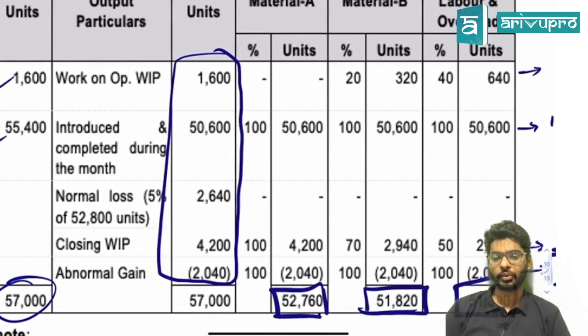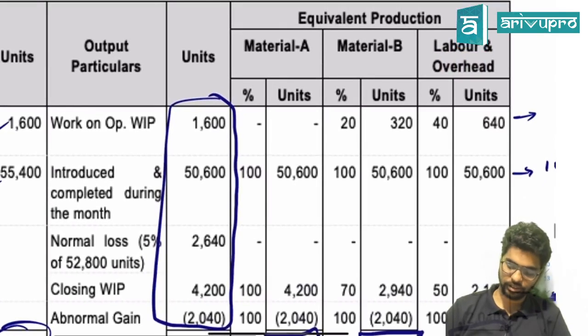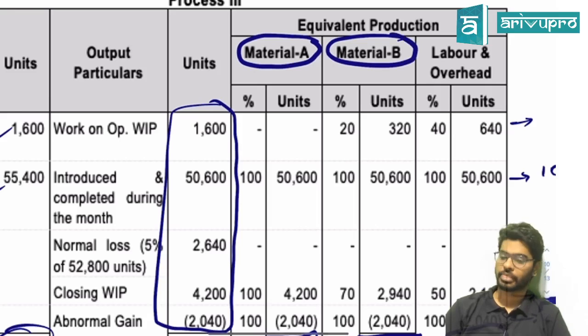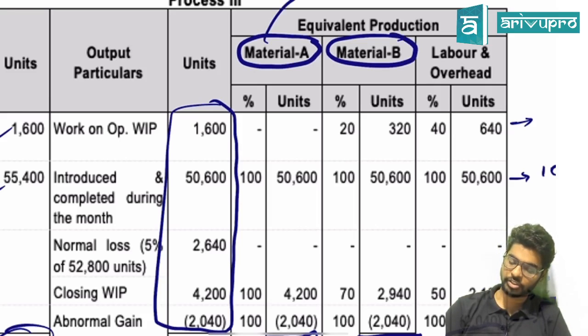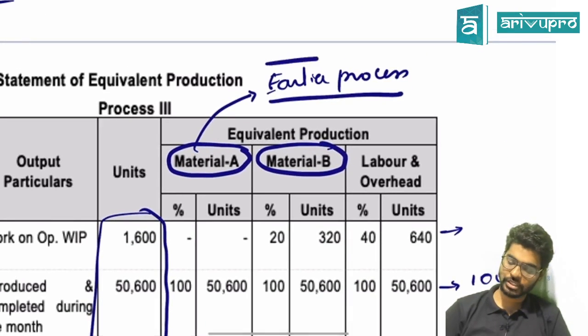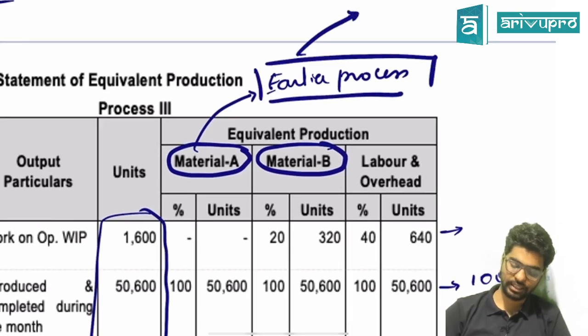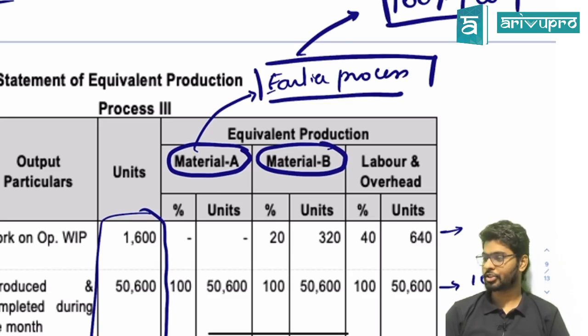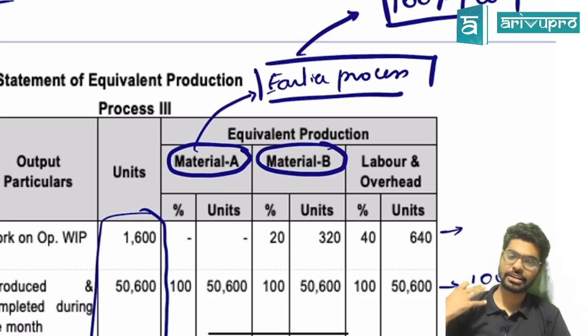There is one more thing which I wanted you guys to understand here. What is this material A and material B? Material A is always coming from the earlier process. Earlier process products, remember this in the exam, will always be 100% completed, because you will take that as a base and then complete the product.